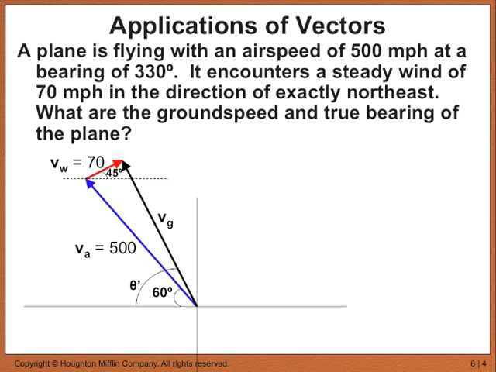That's why I have 60 degrees there. And then if we look at the wind vector, this red vector here, v sub w, it has a magnitude of 70. And the angle it makes with the horizontal is 45 degrees because it's blowing exactly to the northeast.